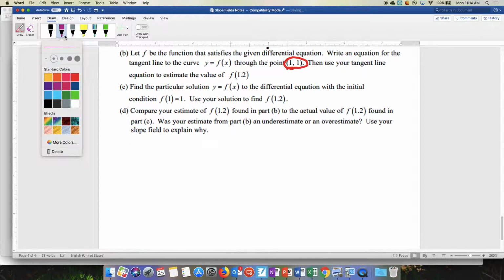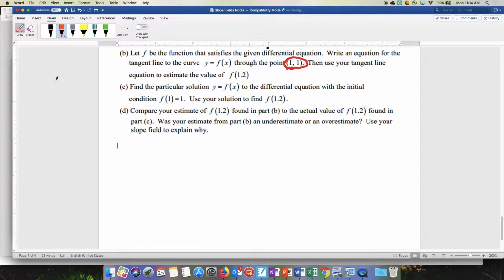Isolate. We need to separate our variables. The y needs to get divided over.